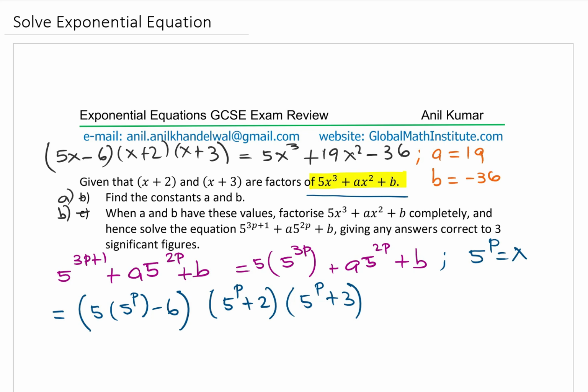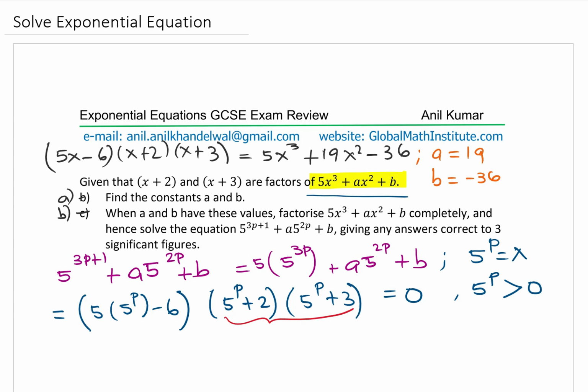Now when you say solve this equation, we have to equate this to 0. Now remember, 5 to the power of p is x, so in this case, we know that 5 to the power of p is greater than 0. It could be 0 also? No, the exponential function is never 0, right? It is greater than 0. That is the output. So it has to be greater than 0. Now, each factor will give you different answers.